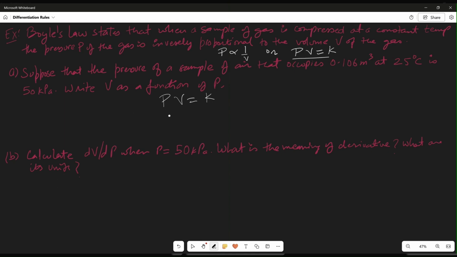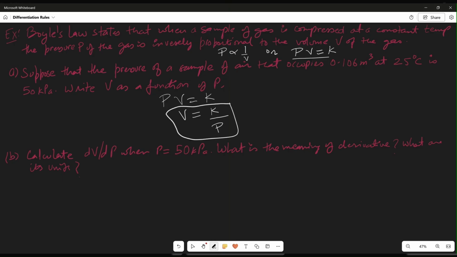So volume is equal to what? It's K, the constant value, divided by P, the pressure. So this is V as a function of P.